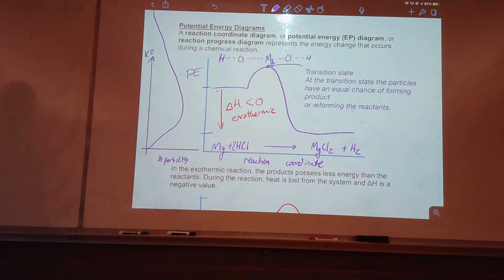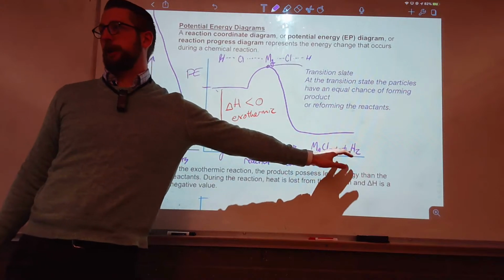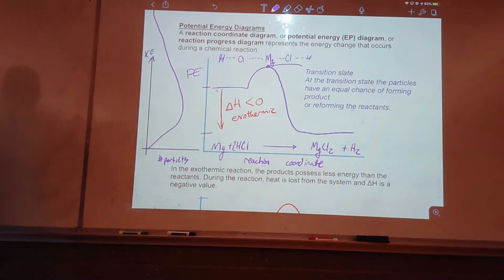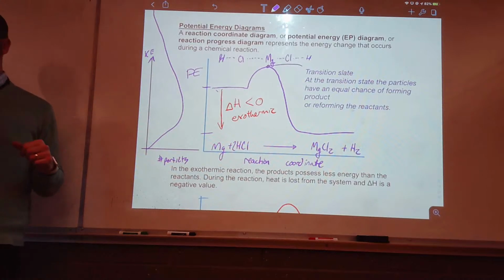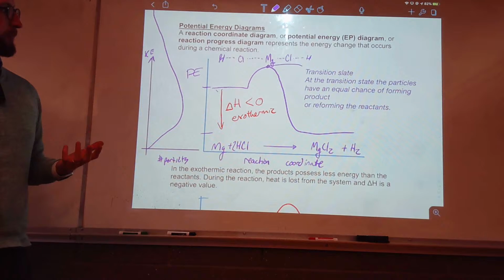What does the reaction do? Well, this reaction would be producing magnesium chloride and hydrogen gas. So this is actually the same reaction we did the other day, right? We put the magnesium and hydrochloric acid, and we saw some temperature change. Now, where does the temperature part come from?